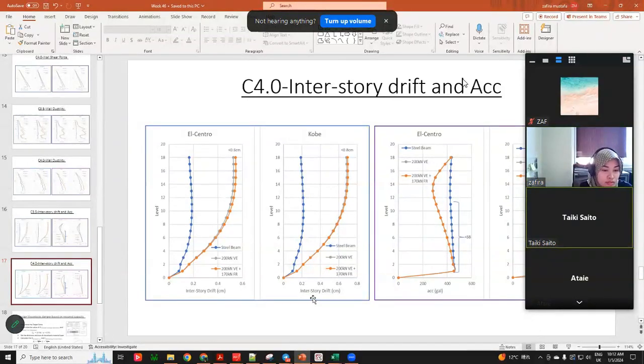So if the beam is short, the two coupling walls move together. How about the coupling beam ratio? What is the difference between long beam and short beam?